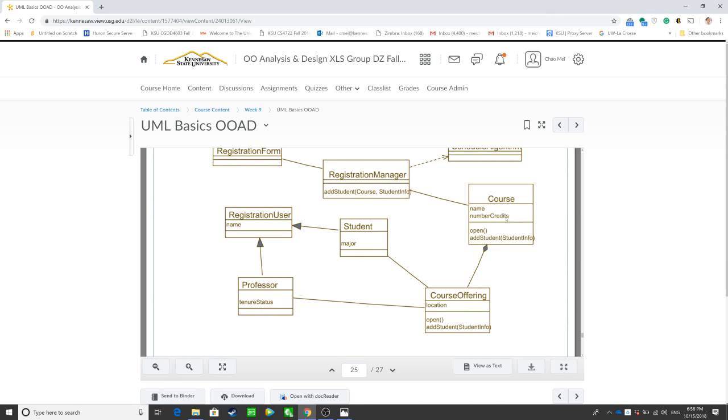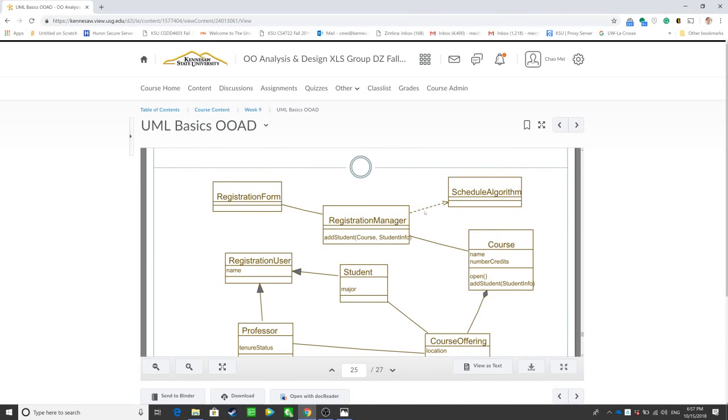That means this class is the owner, and we have something else that maybe provides some service, or it's just a part of that owner class. The owner class has this diamond here, and then we have a line. The other end of the line is maybe the parts, however you understand it, a part of a car, a part of a human being, something like that. That's a "has a" relation.